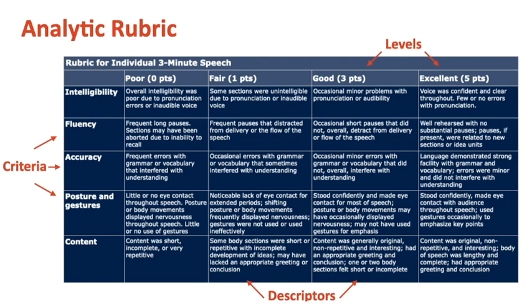Did you read through the descriptors? Do you think they make a logical progression through the levels? Let's take a close look at the fluency descriptors. Notice how the language is concrete in describing pauses.